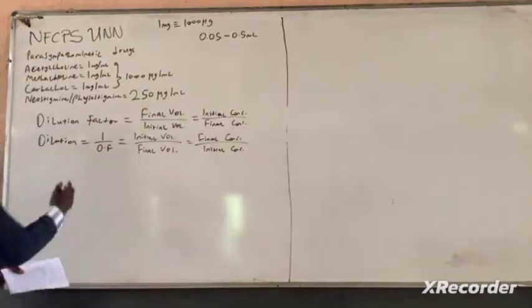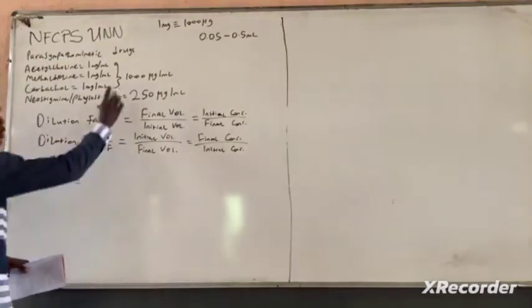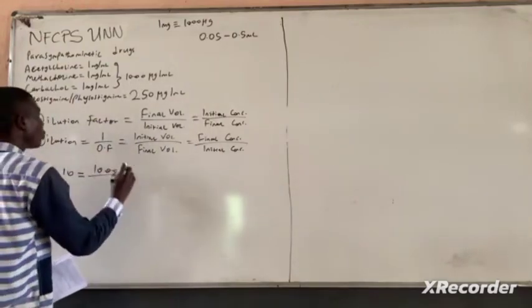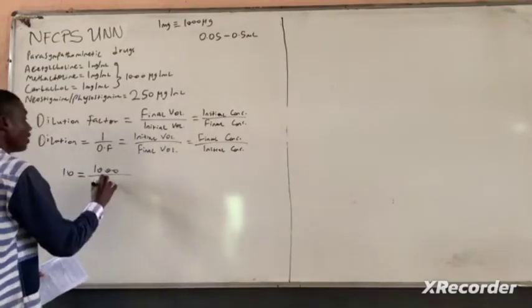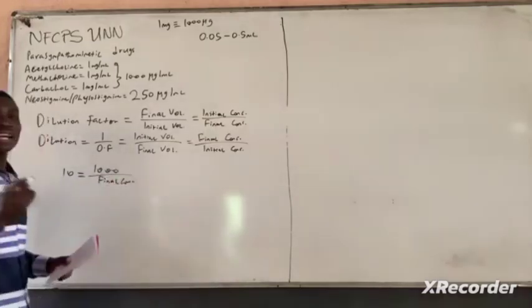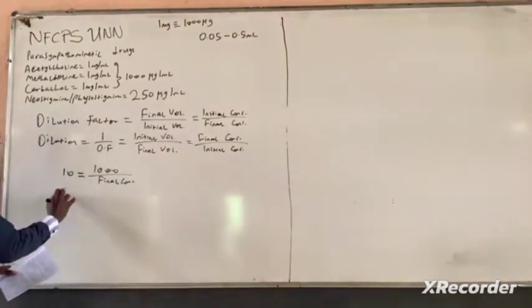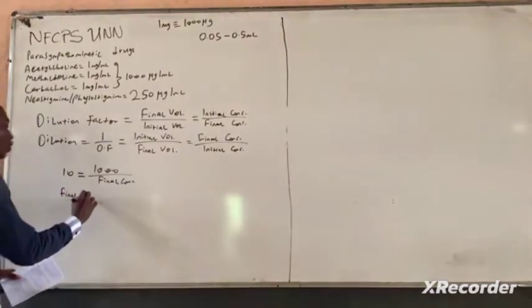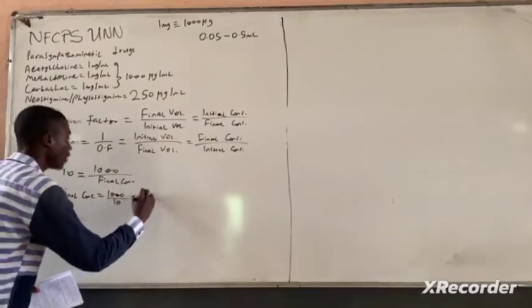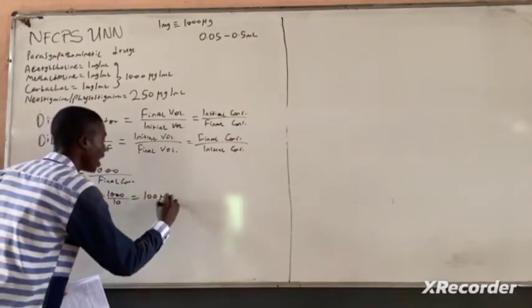Dilution factor for 10-fold serial dilution is 10, and we know that our initial concentration is 1000, and what we don't know is the final concentration after doing the 10-fold serial dilution. So final concentration can be made the subject of the formula, so that we now have final concentration is equal to 1000 over 10, and that's going to give you 100 microgram per mil.